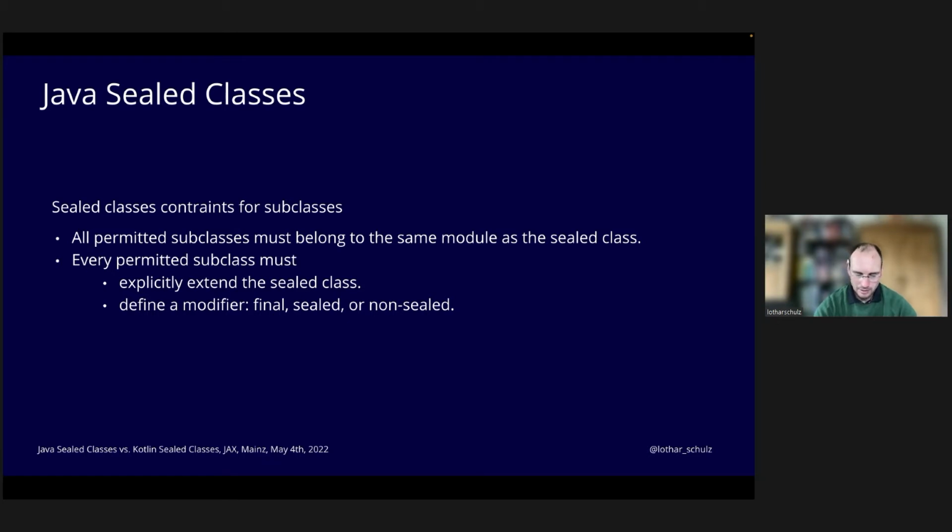In the sealed class definition you define the subclasses with the permits keyword, and in the subclass definition you use the extends keyword to define the parent class. Also, the subclasses have to use one of the modifiers final, sealed, or non-sealed. That was a very high-level and condensed look at Java sealed classes.